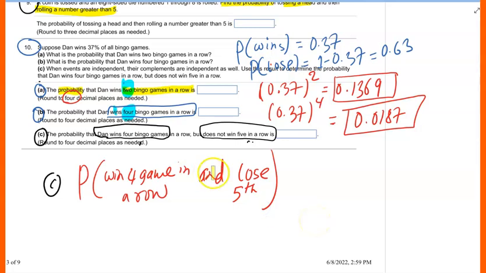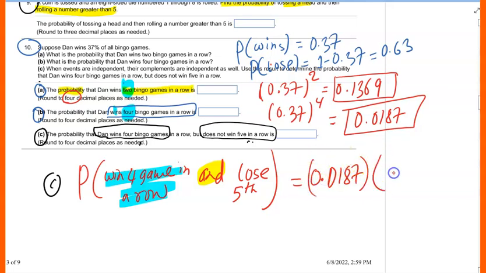Notice that we have an "and" here. What's the probability that he wins 4 games in a row? We did that in part B, which is 0.0187, times the probability that Dan loses the 5th game. Here you go. The probability that Dan loses the 5th game is going to be 0.63.